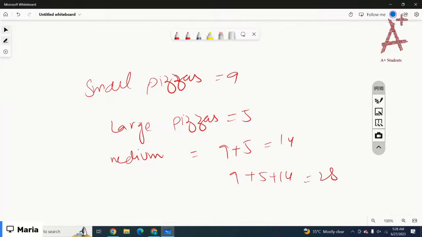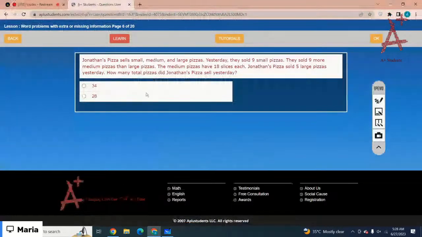That means the total pizzas they sold yesterday is 28. The correct option is 28.